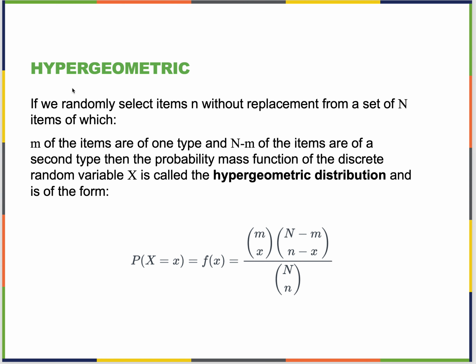We have a set of N items. We're picking m, and we want to find out there are m items at one time. We're picking it without replacement. N is 10 at this point. I'm getting confused. Sorry.